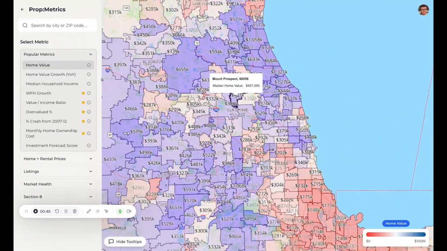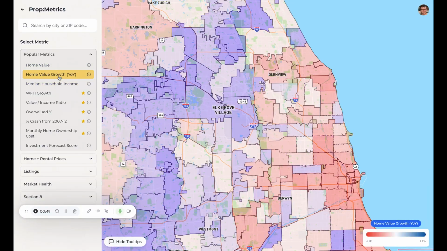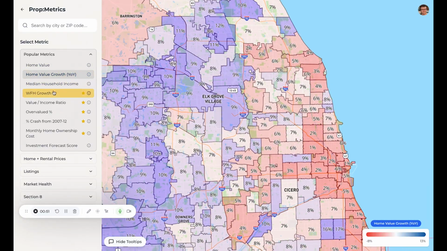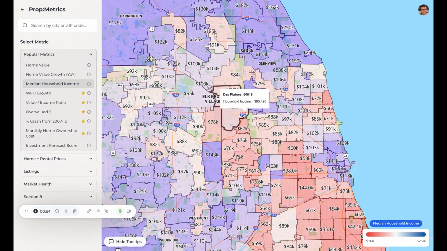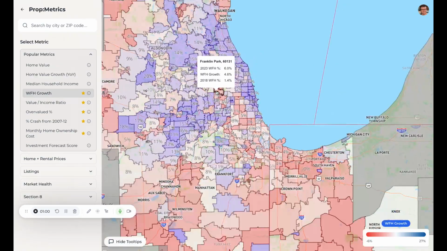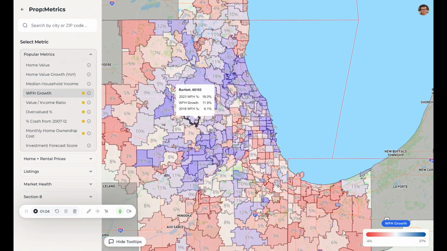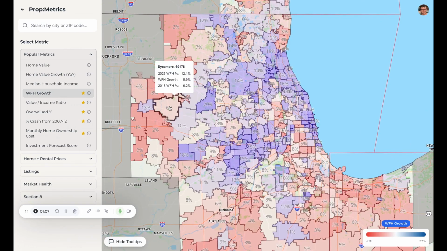So getting back to the Chicago area, we have a lot of cuts that we can take a look at here. We can look at home value growth year over year. We can look at median household income. We can look at where work from home people are moving. Lots of fascinating trends. You'd think that people in these outer rings would be working from home, but they're not.